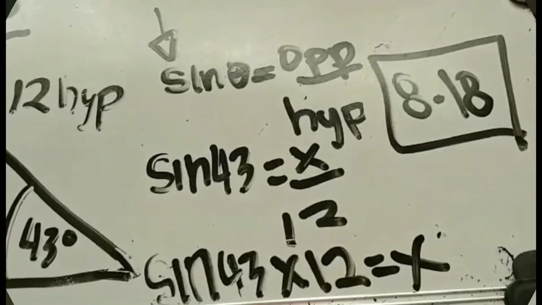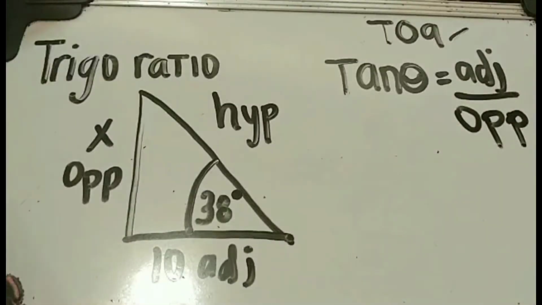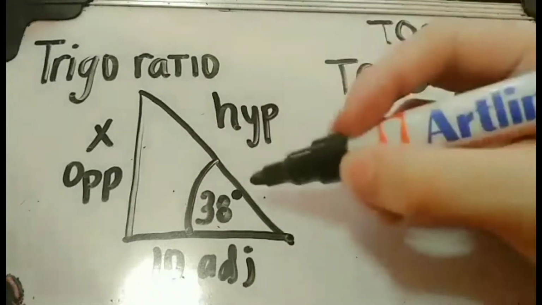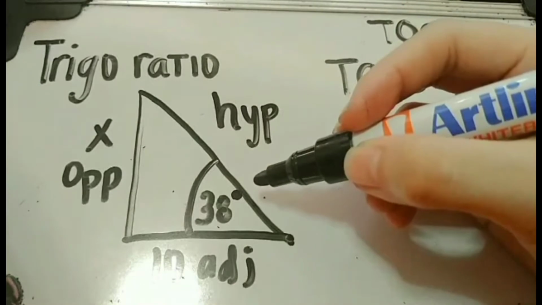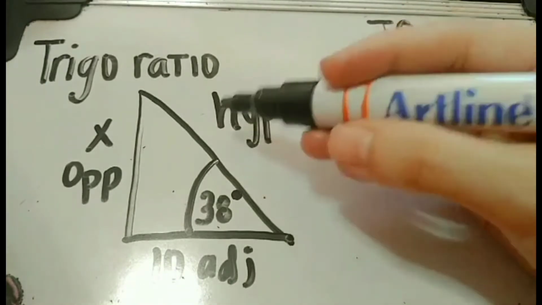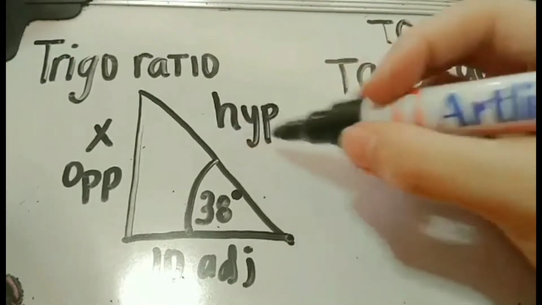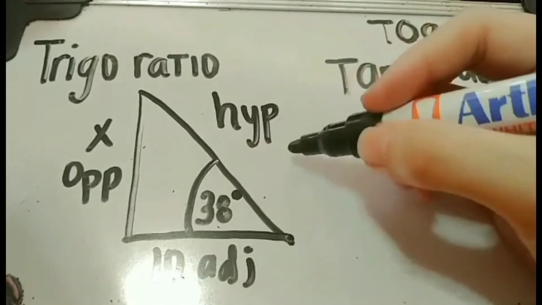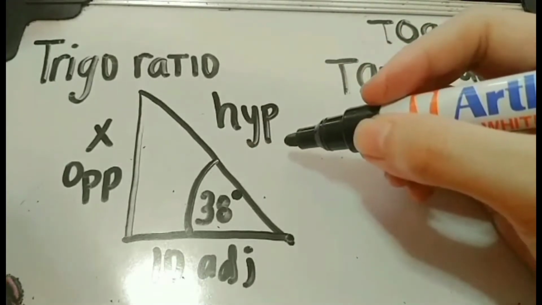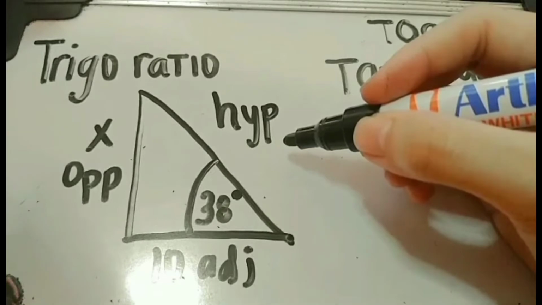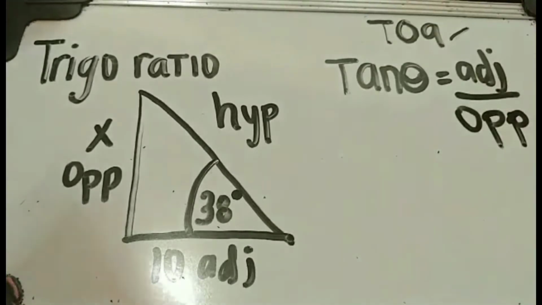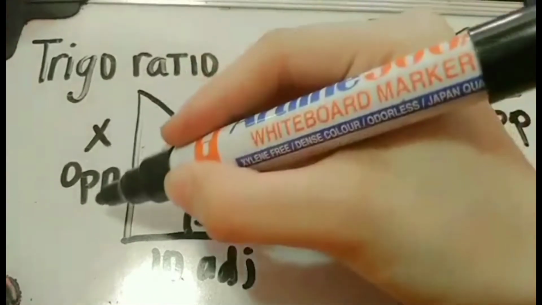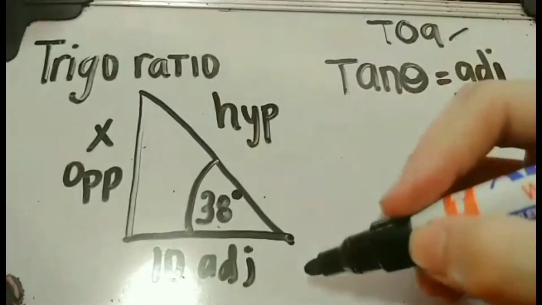In addition to our next example, we are given an angle down here which is 38 and we're trying to find the x. But the hypotenuse over here does not factor at all in the information we have. So all we have to do is use the opposite and adjacent.